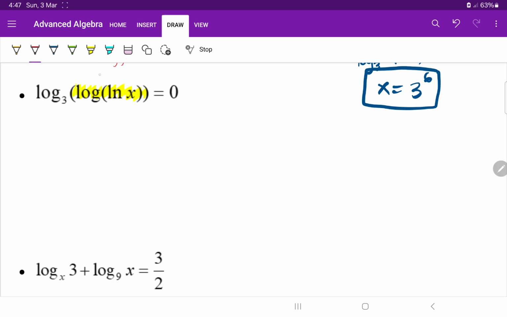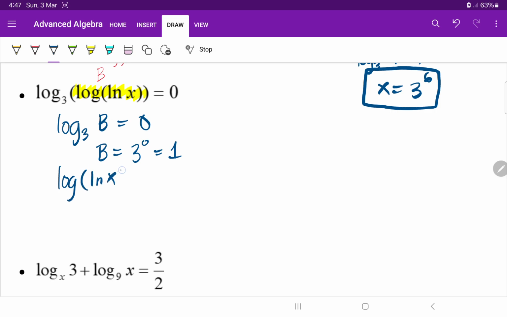So pangalanan nating b naman this time. Okay, so this is log base 3 of b is equal to 0. So doing that, b is equal to 3 raised to 0, or this is equal to 1. Okay? But what is b? So b is log of ln x. So that is b. Then this is equal to 1 daw.